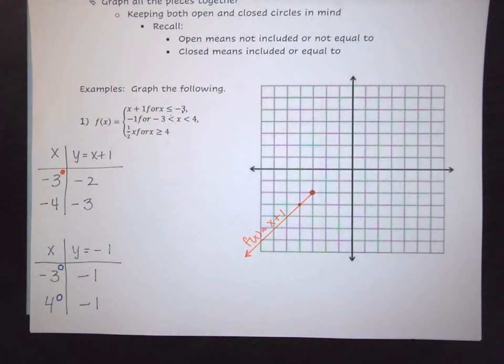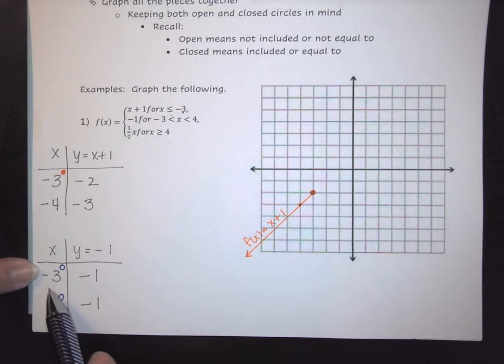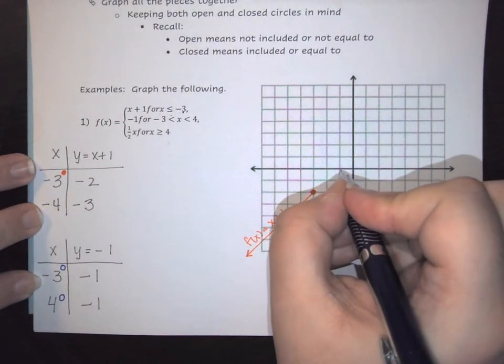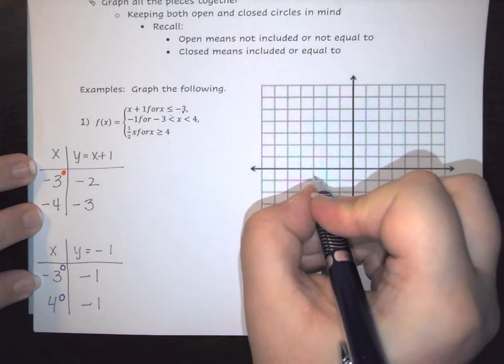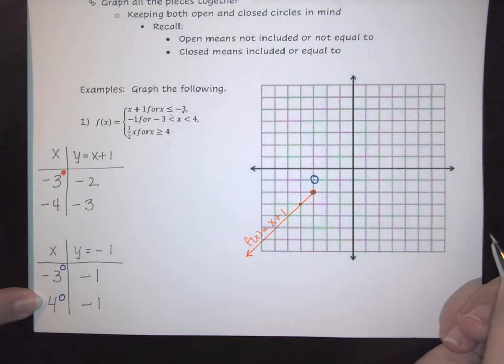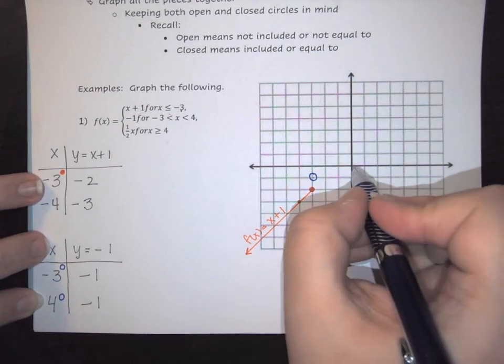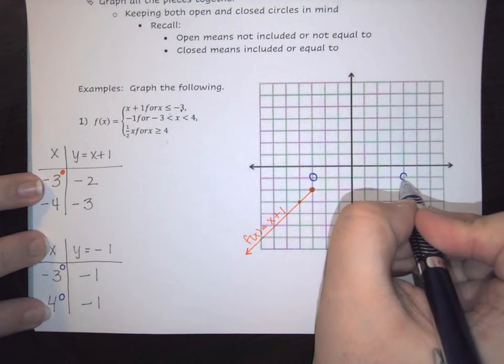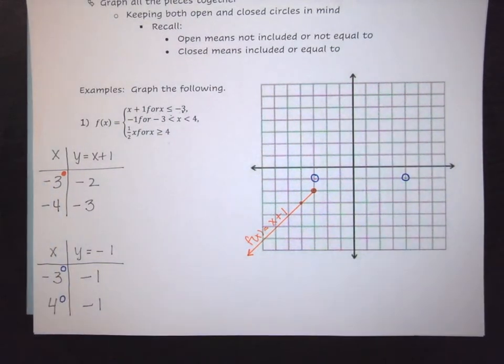So if I go in and graph this, I'm at now the point -3, -1. So 1, 2, 3, 1, and this is an open circle. So I'm going to draw an open circle. And then I'm going to go all the way over to 4. So 1, 2, 3, 4, down at -1. And again, I'm going to draw it as an open circle.